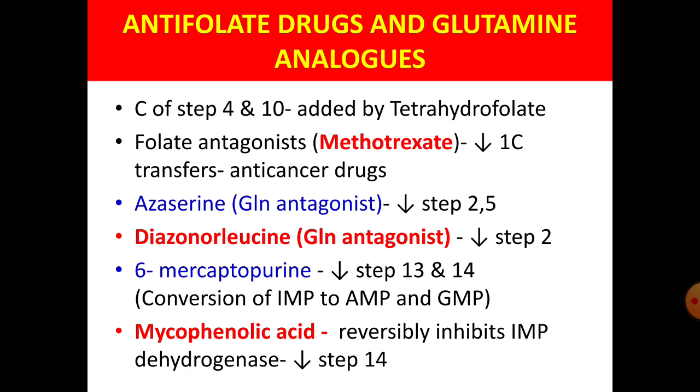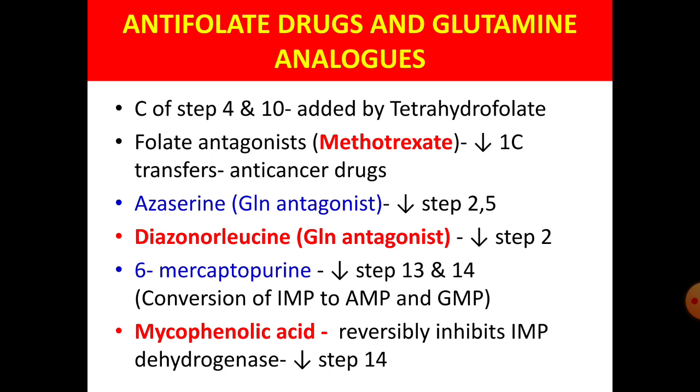Now, by understanding the entire synthesis process, and where the regulatory steps are working, we can design our drugs. So, particularly antifolate drugs and glutamine analogues, they affect the purine synthesis. Antifolate, how? Because we have two 1 carbon moieties like the tetrahydrofolates.